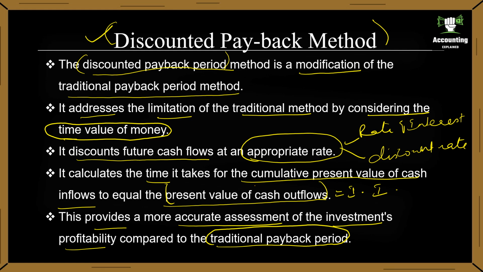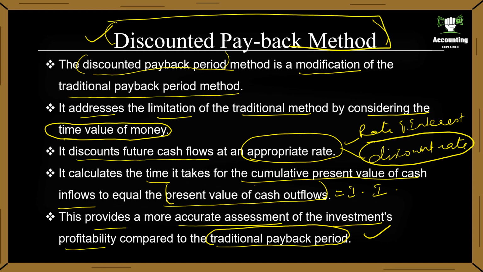Those things you cannot buy at the end of the year. Rupee always depreciates. So when we consider the depreciating factor, that is called the discounting factor, the answer will be more accurate for you. That is why we say discounted payback method is more accurate than the traditional payback method.